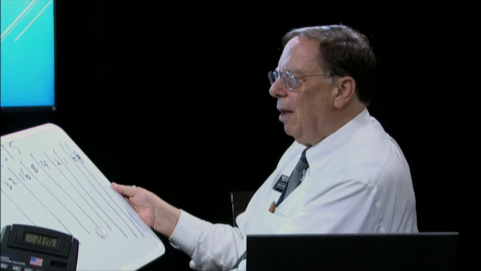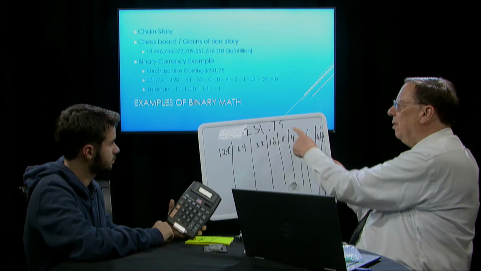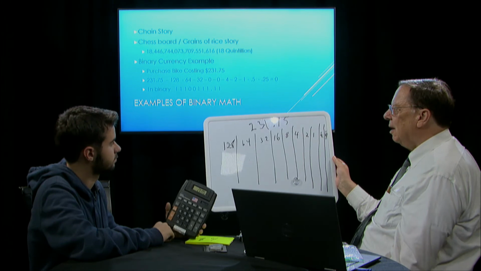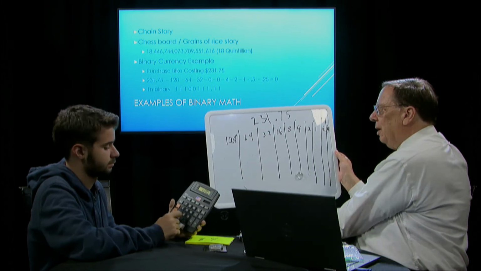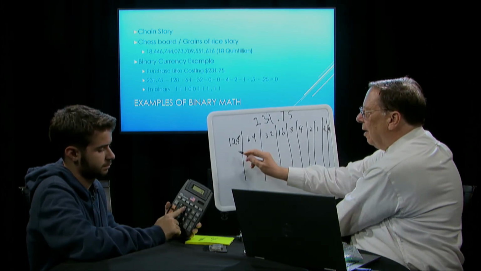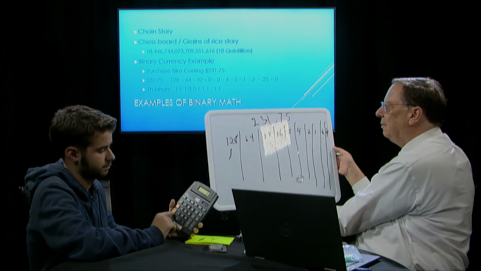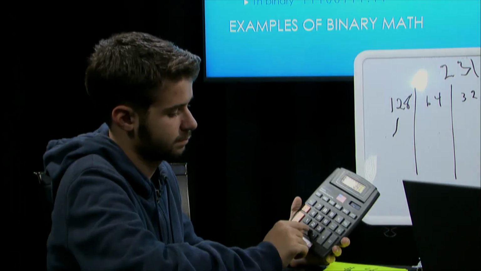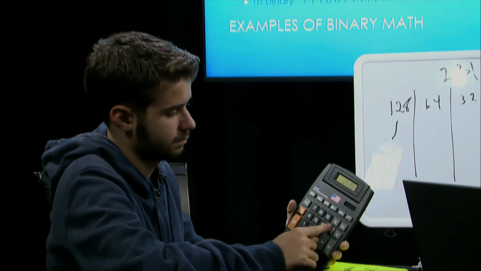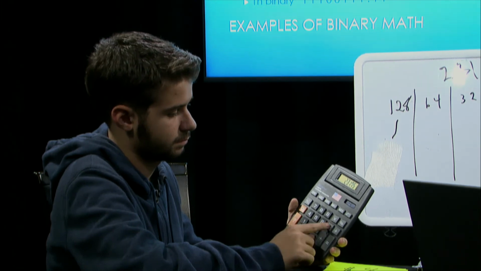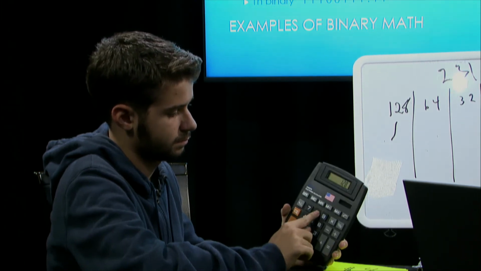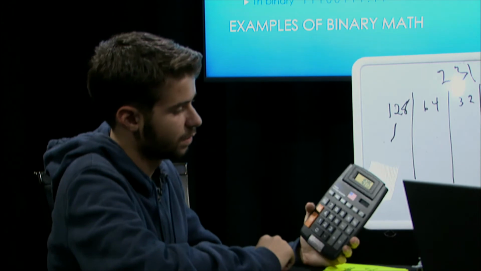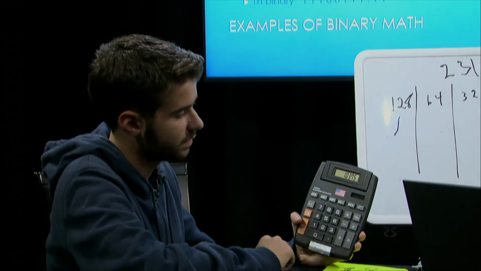Okay, so if we're buying a bike that costs $231.75, we'll take out 128, one of those. How much do we have left? We have $103.75.